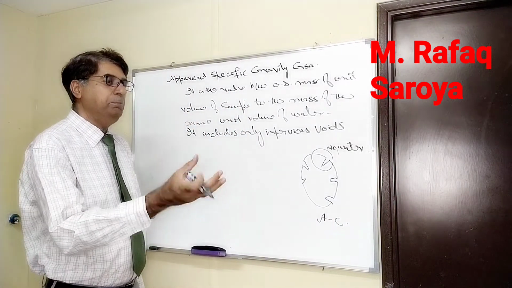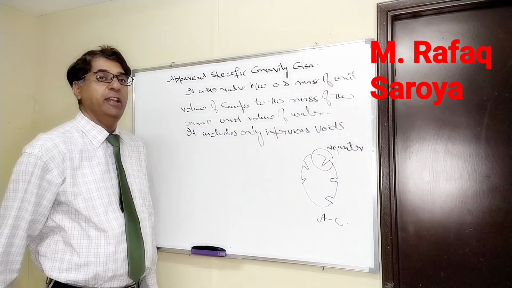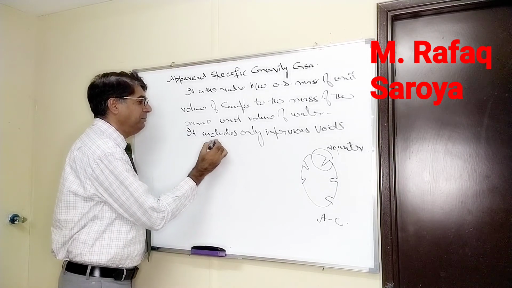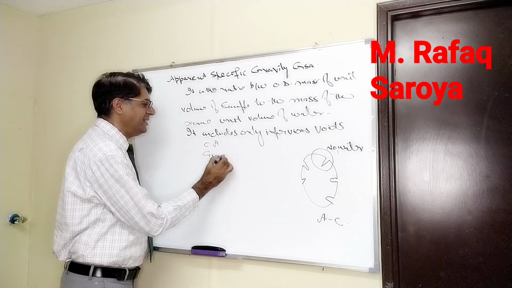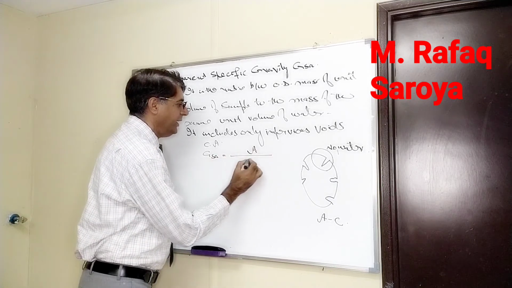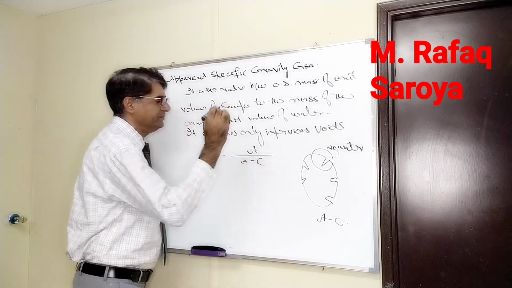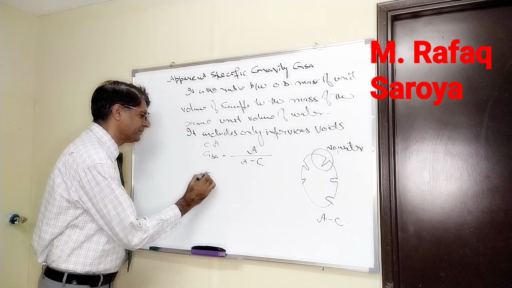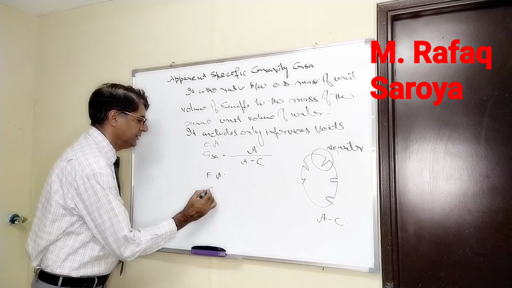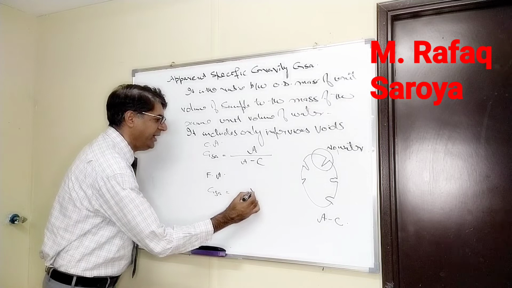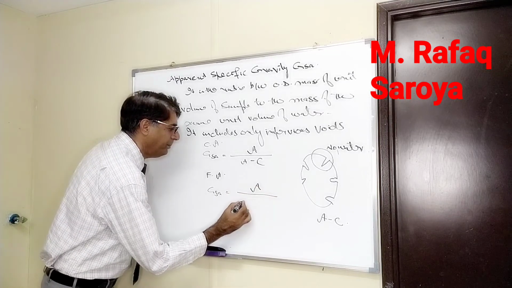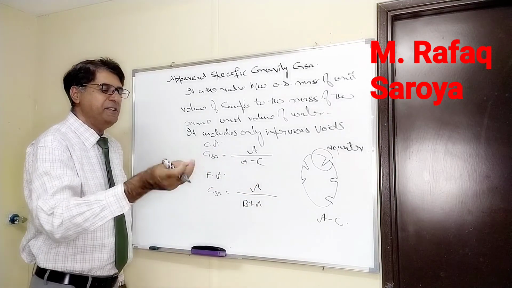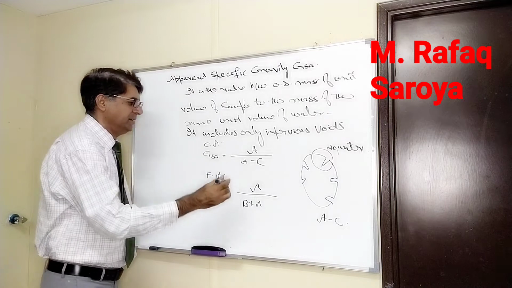Not B. B is the SSD. A is the absolutely dry. So over here, the equation for coarse aggregate will be written as GSA is equal to A over A minus C. Clear? But for the fine aggregate, GSA is equal to A over B plus A minus C. S is removed because the surface saturated condition is removed for this one.